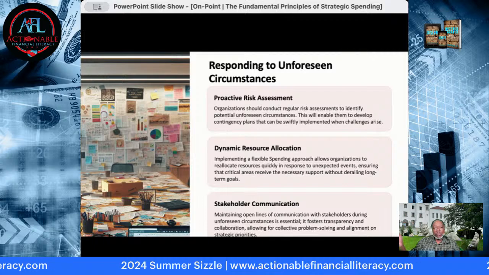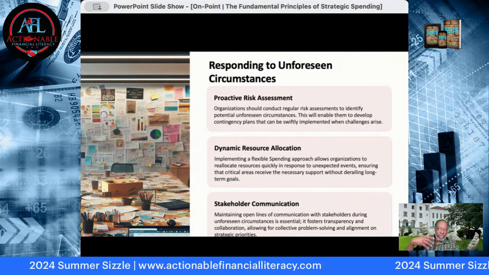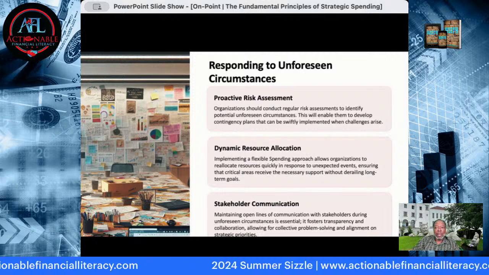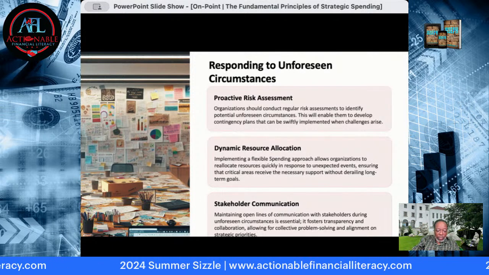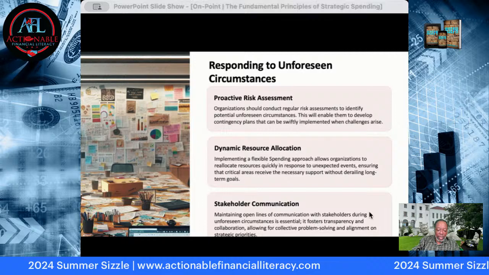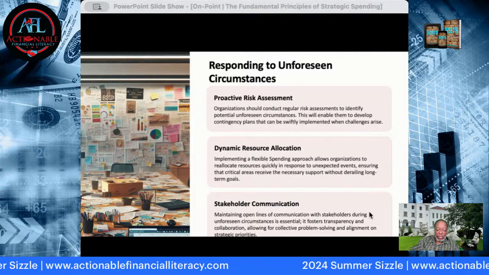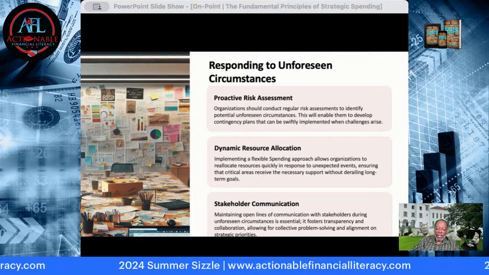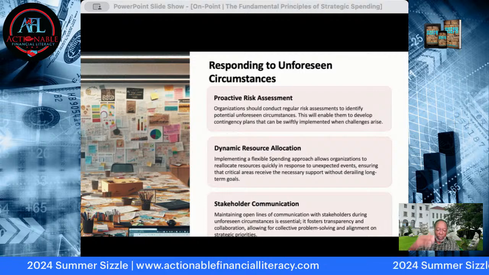So, stakeholder communication. The stakeholders in your organization, you're dealing with those folks that have a stake in what's happening for the company, and those stakeholders could be internal or external. But it's essential that you foster some type of transparency, and they know what's available.